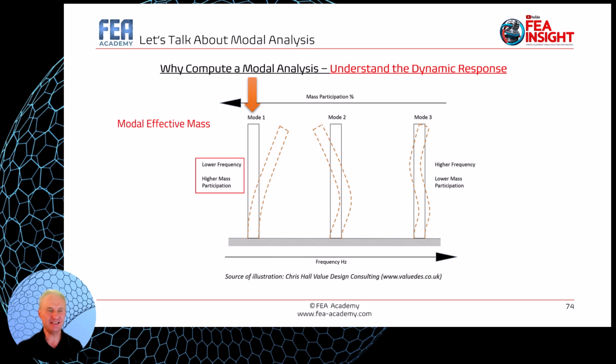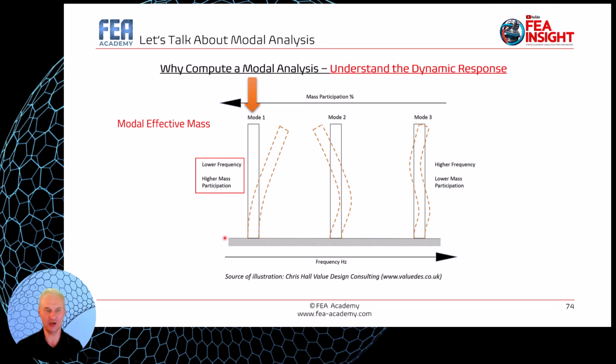So here is a graph, a very simple illustration. It is from Chris Hall from Value Design Consulting. You have a beam, we can say a cantilever beam, with three modes. The first mode is the first order, mode 2 second order, mode 3 third order.